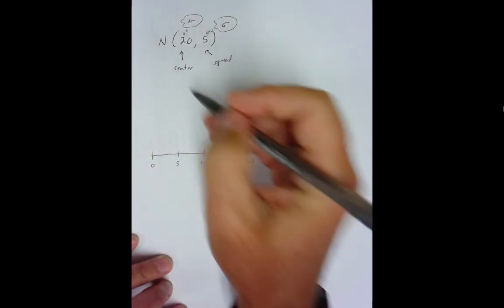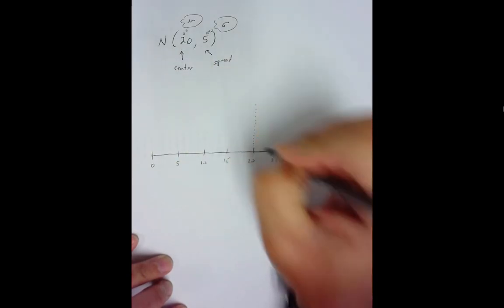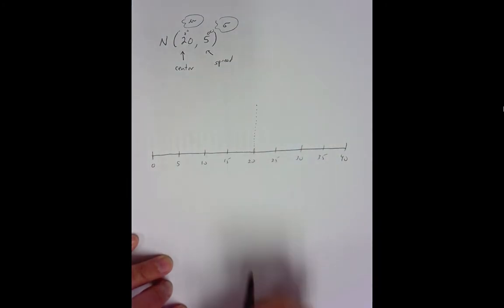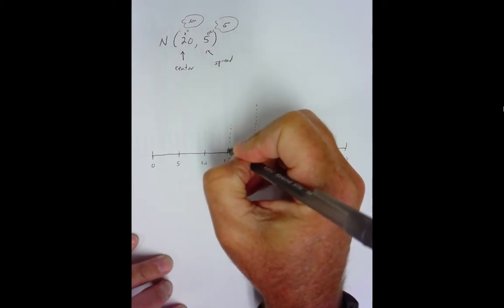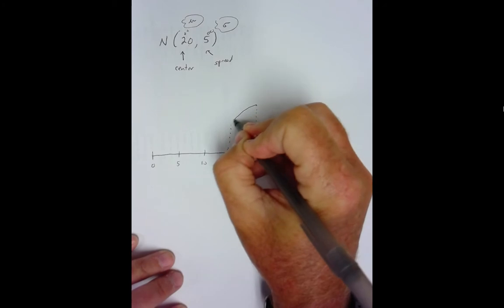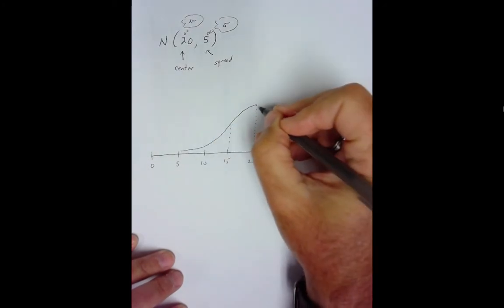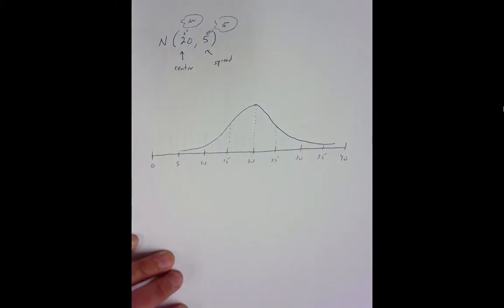So I know that if I have a 20, my distribution is centered at 20, and it's spread 5 units to the left and 5 units to the right. So I can draw this normal distribution like that.